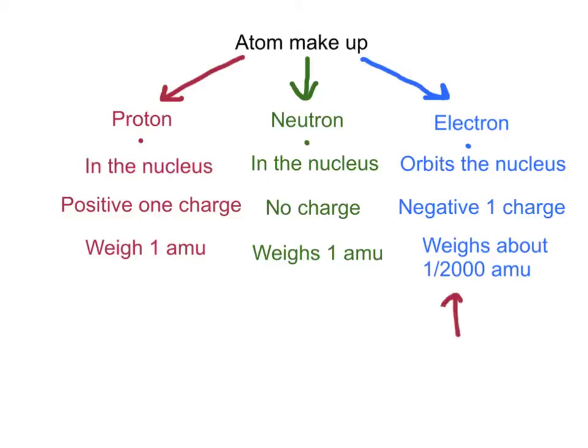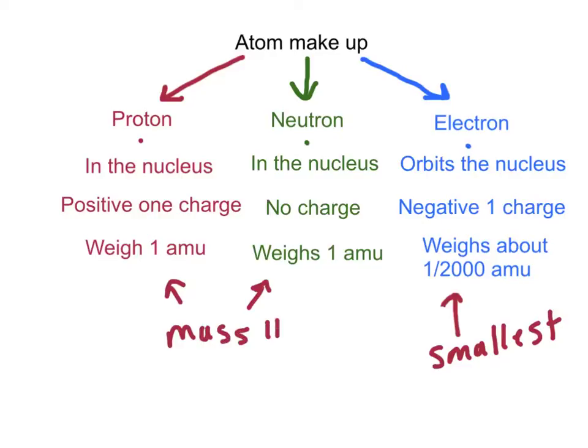Now also remember, when you look at the particles, that the electron is the smallest particle. And that goes with it weighing 1/2000th of the other two. So these two are what makes up your mass number, or your weight of each of the different isotopes. And we'll talk about that in the next slide.